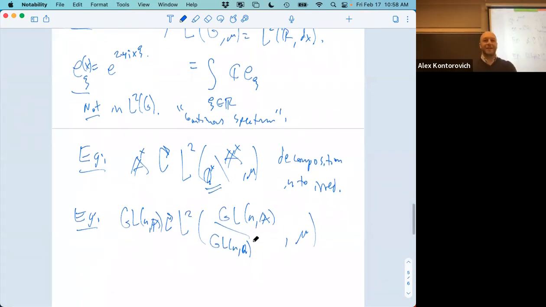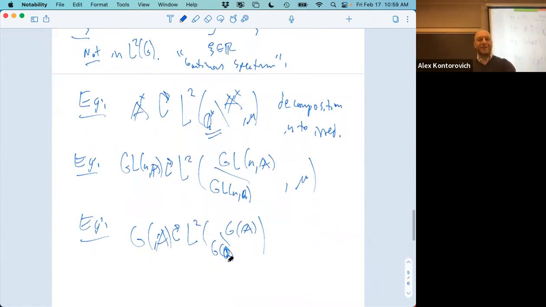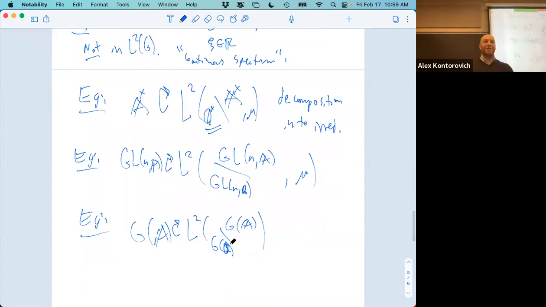This is big stuff. And of course, there's nothing special about GLN. The biggest picture in some sense is you want to take L2 of any reductive group with a whole bunch of other adjectives, and then decompose this into irreducibles. And then instead of the Adeles over Q, you can do Adeles over number fields, Adeles over a global field.